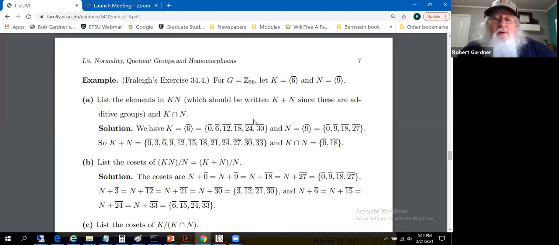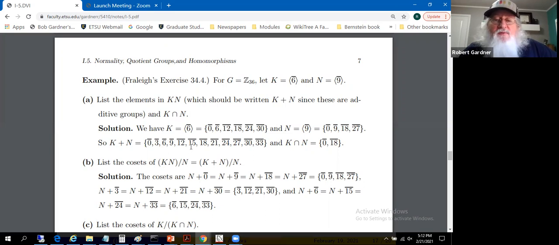Add all possible elements of K to all possible elements of N to get K plus N. We could add 6 bar. What would that produce? 6 bar, 15 bar, there's something new that's in neither of them. 24 bar, 33 bar, there's something new that's in neither of them, and so forth. So you actually pick up some new stuff.